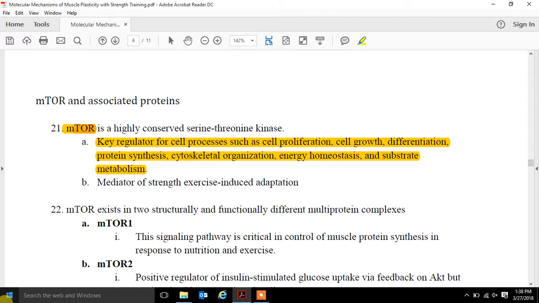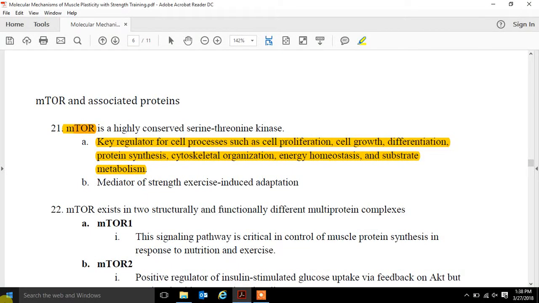All things you would expect to be modified in response to resistance exercise. So this is why it gets brought up a lot. It's a key regulator. We had to talk about the steps that drove this increase in mTOR activity. Now we'll talk just briefly about what mTOR is actually doing within the skeletal muscle to give us these responses.